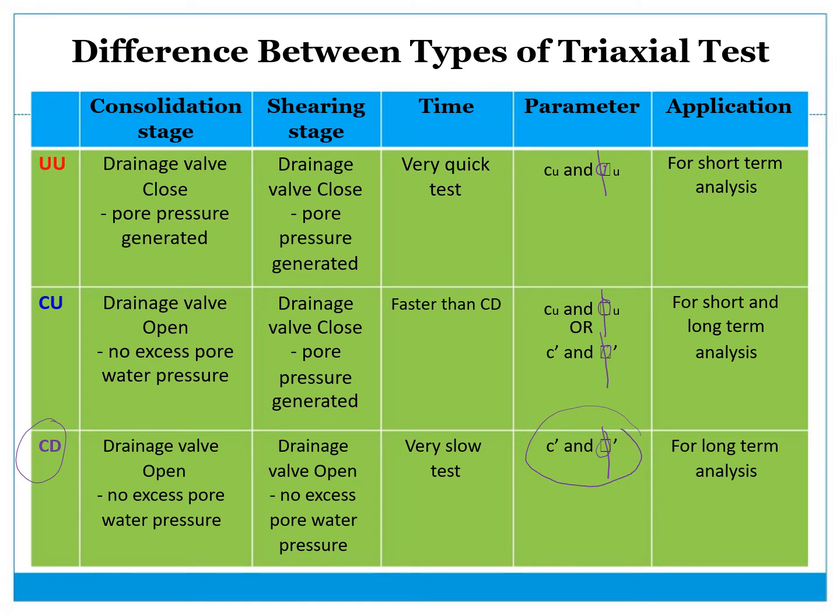This one is for long-term analysis. So with the different tests, you know the application: this one is for short term, this one is for short or long term, and this one is for long-term analysis, meaning long-term infrastructure or structures.